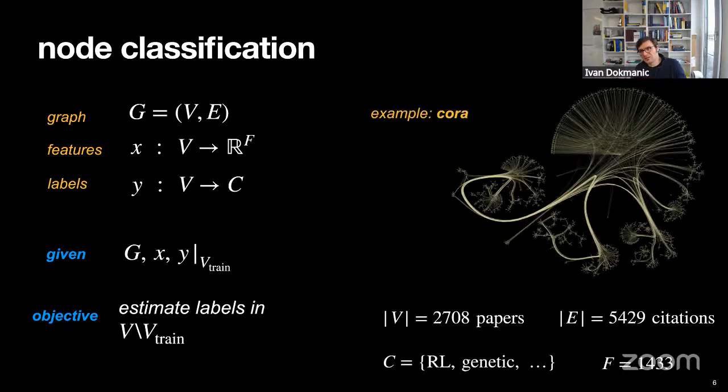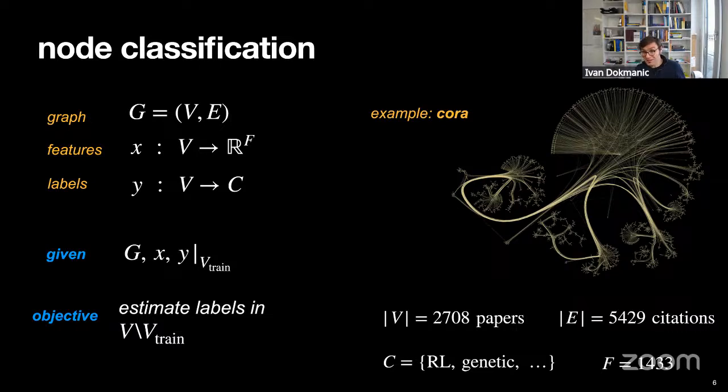Just to give you an example of a typical benchmark data set, which is not necessarily the best thing to work on, but something that we always try to apply our algorithms to: a data set called Cora. It's a data set of computer science papers and their citations. There are about 2,700 papers and 5,500 edges, which encode citations.